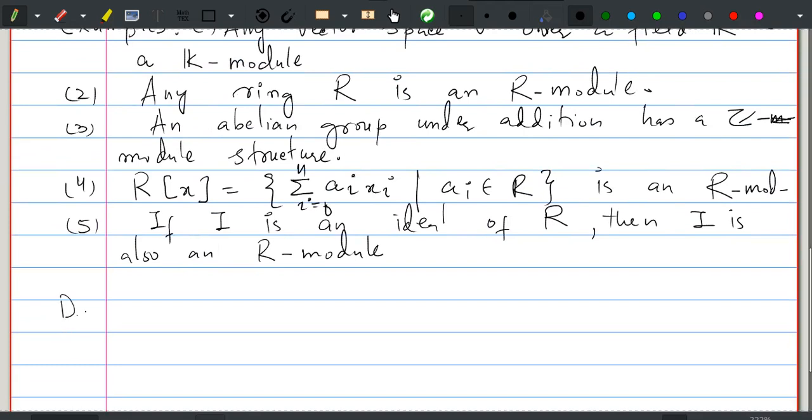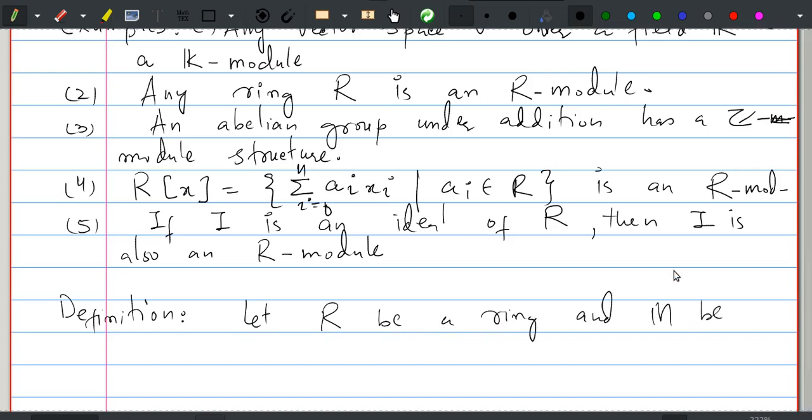We have another definition, that is the definition of a submodule. Let R be a ring and let M be an R module.